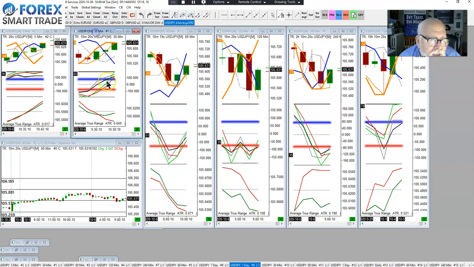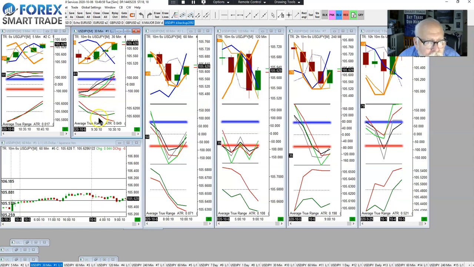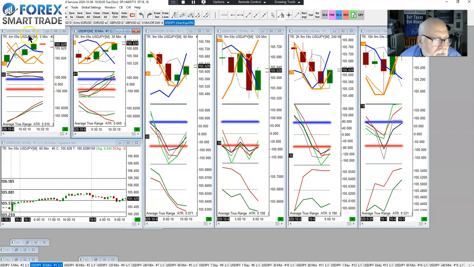On the 30-minute, I've got up. I'm overbought, but these guys are still going up. The majors have a good steepness to them. The minors are starting to roll, but I'm going to pay attention to what the majors are doing. I have green crossed over and starting to go up. And on the 5-minute, I've got up pressure with red on top. And I've been up here for the last 30 minutes or so.